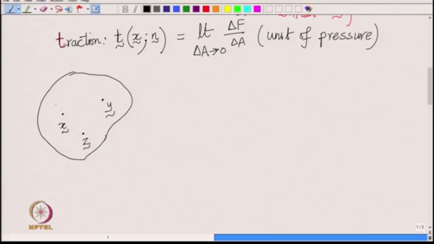One plane could be this, which has the normal n 1, okay, normal 1. Then you can have another plane at the same point whose normal is n 2.